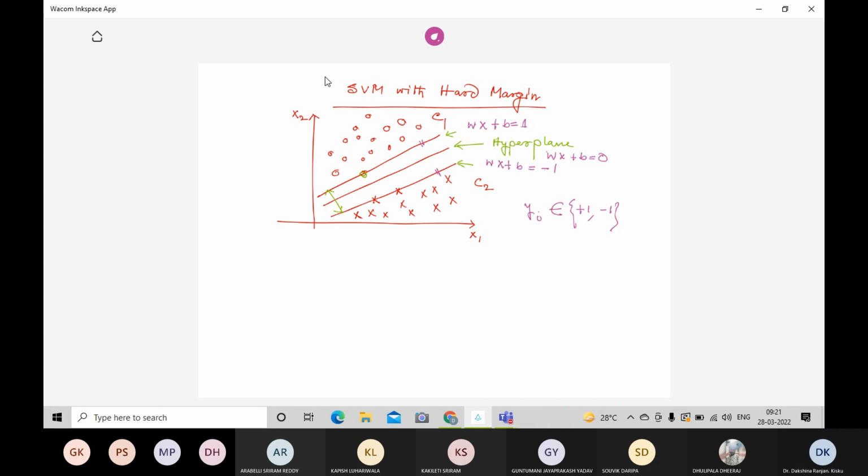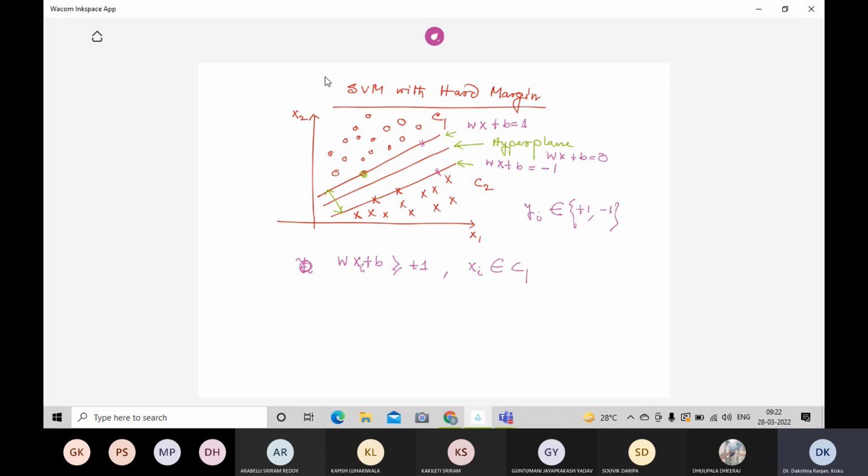Now we can design a classifier for the positive examples by associating the class information yi. Okay, so in this case we can write wx plus b greater than or equal to plus 1, when, let's say, xi belongs to class C1.